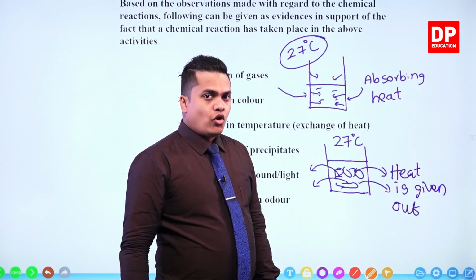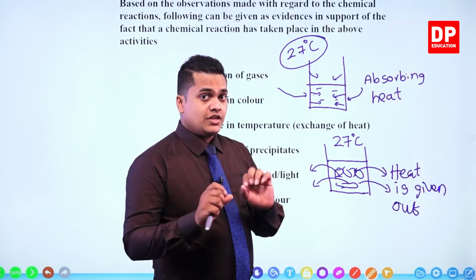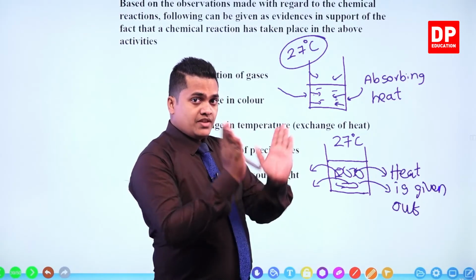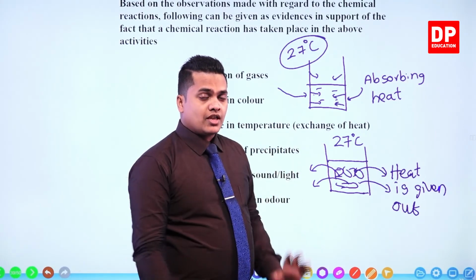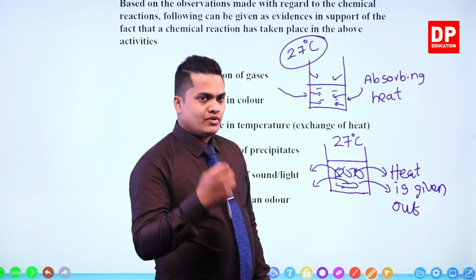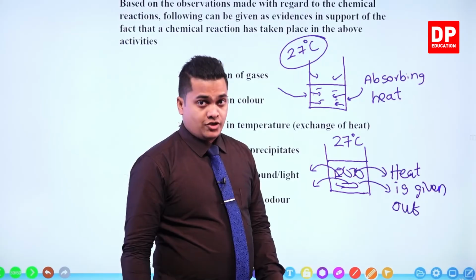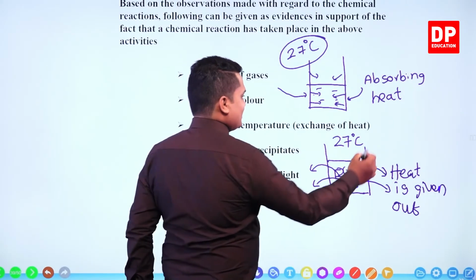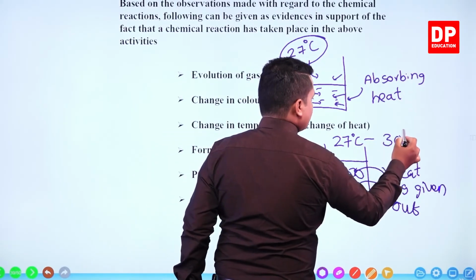Chemical change is going to occur, and within this chemical change, heat is going to be emitted, right? During the chemical change, the substances are going to emit heat. In that process, the container's temperature will definitely increase. It will show like 30 degrees Celsius.